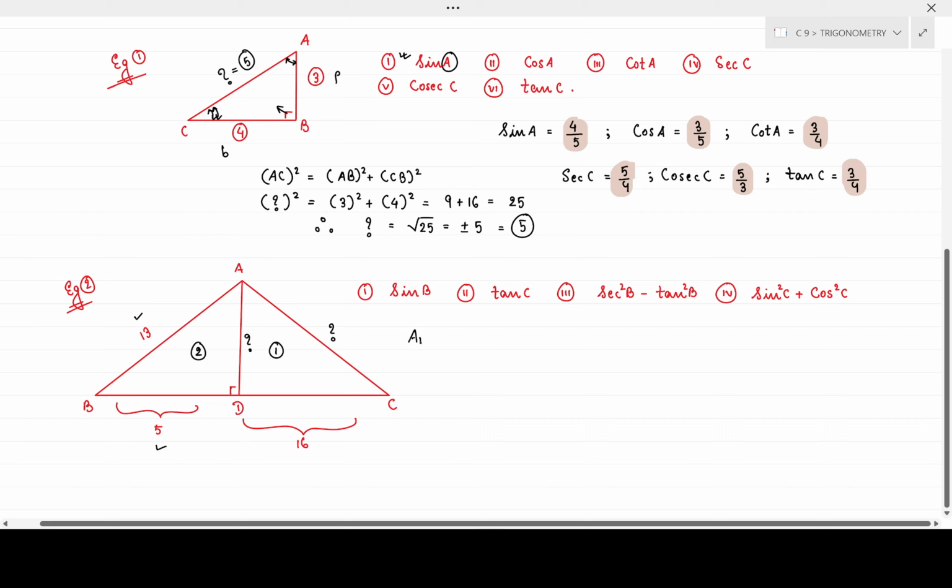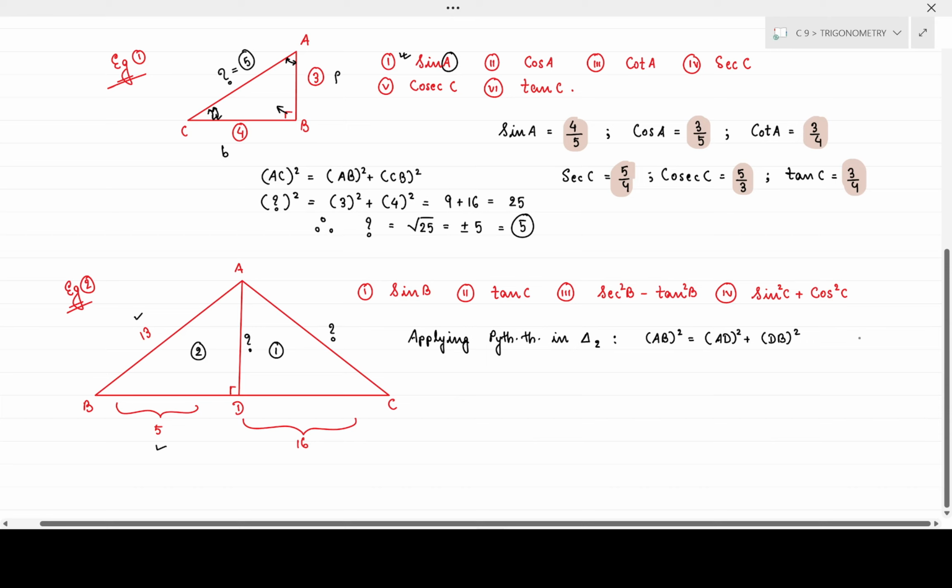So applying, you will have to write all the reasons, Pythagoras theorem in triangle number 2. So it will be AB square equals AD square plus DB square.